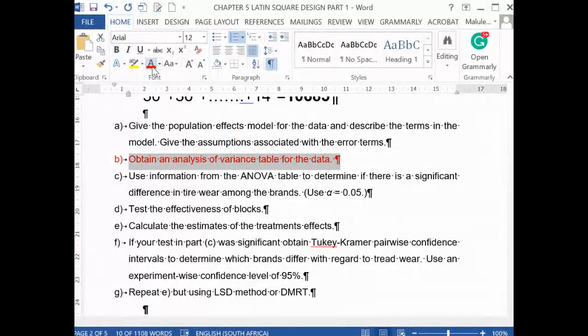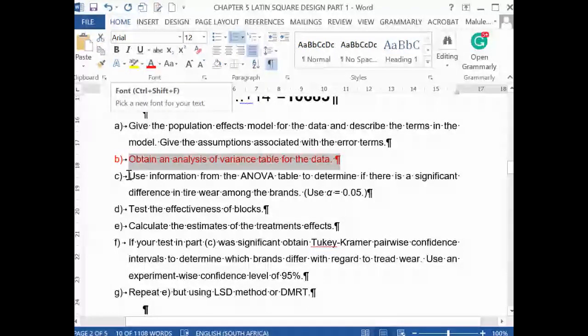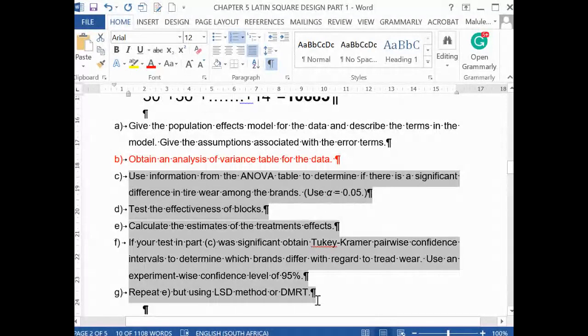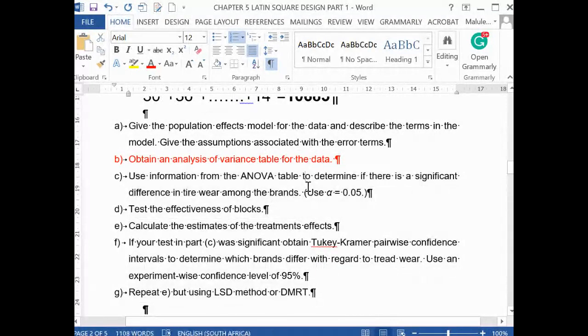So make sure that you get the ANOVA table right. Since you said you need the formula sheet, maybe since you're having the formula sheet, you won't make that mistake that you made the last time. Because if your ANOVA table is wrong, all the remaining questions will be affected. Because when you test, you'll be testing using the wrong F. When you test for the blocks again, you'll be using the wrong F.